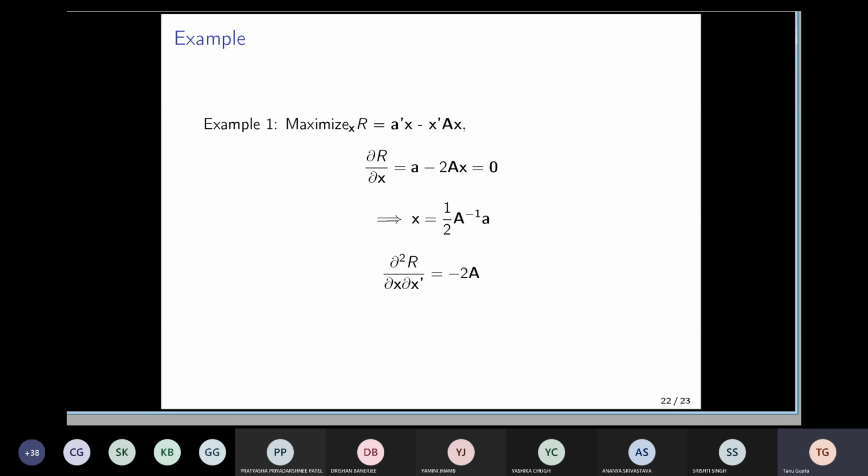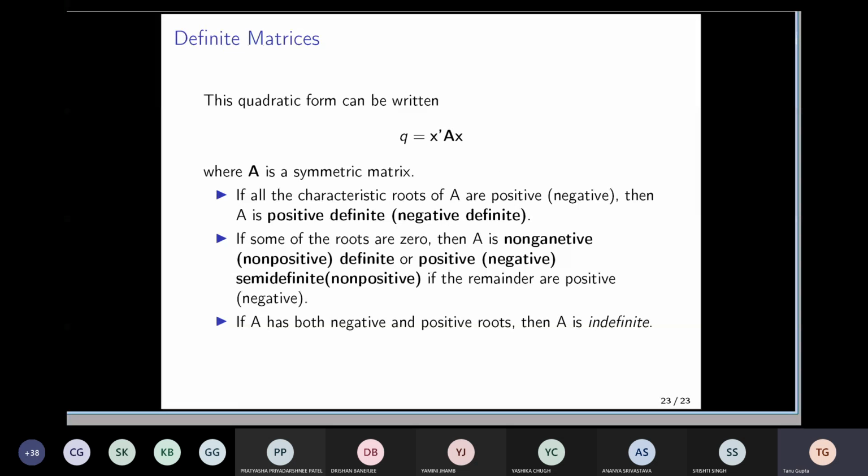I just have to cover a very small thing now. This is about the definite matrices, definiteness of the matrices. You should know what is meant by positive definite matrix and positive semi-definite matrices. If you don't know, pick any standard maths textbook and read it from there.